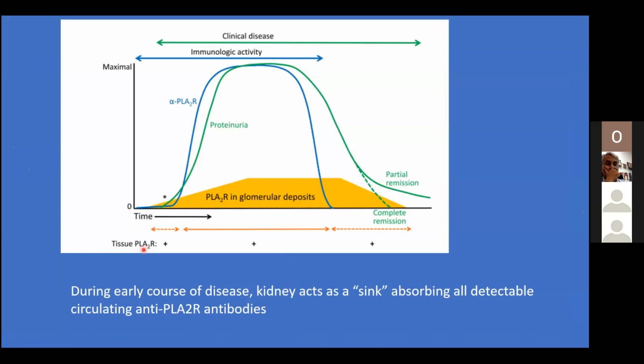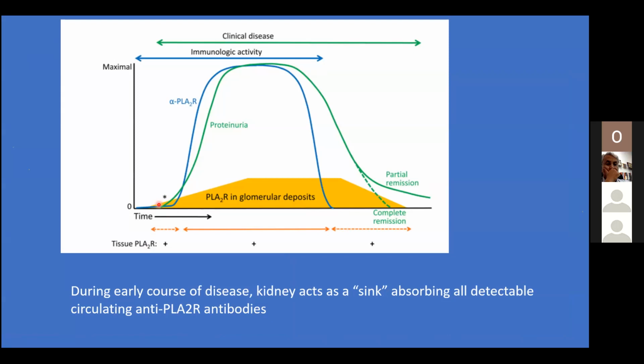So is there any relation between this tissue PLA2R and serum PLA2R? Yes. Tissue PLA2R can be positive even before serum PLA2R. If you see this graphical representation, the tissue PLA2R is present before serum PLA2R. This is because of the sink phenomenon. Okay. So during the early course of disease, the kidney acts as a sink.